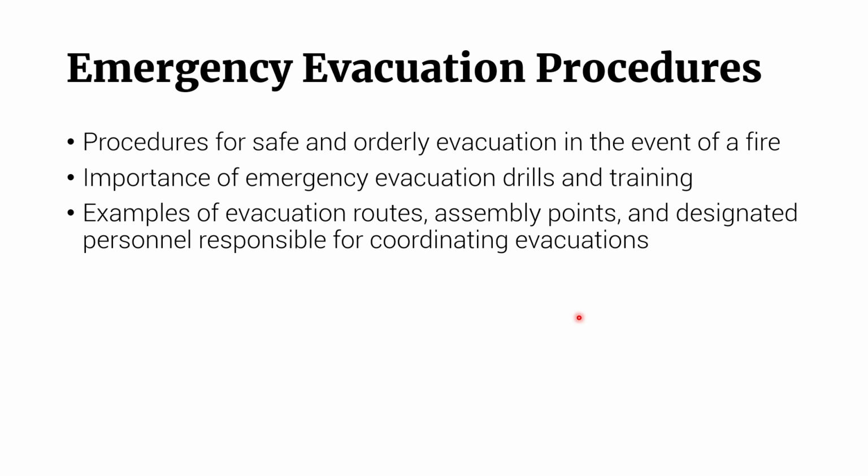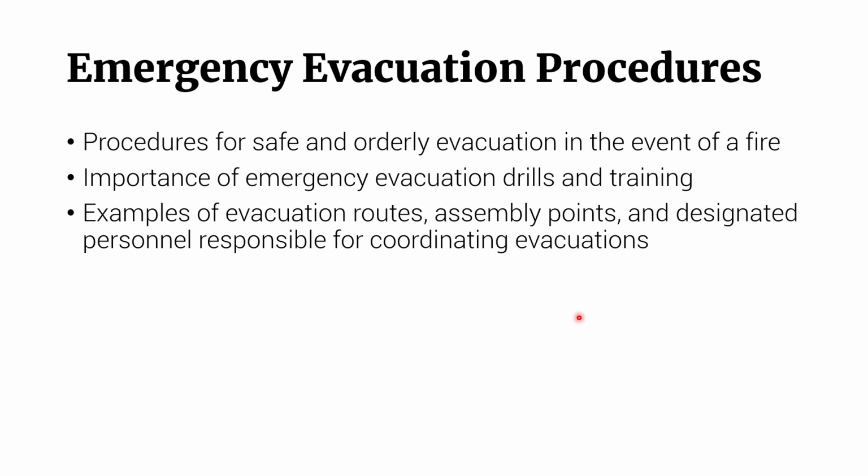Okay? Assembly points are designated outdoor locations where occupants gather after evacuating the building to ensure accountability and facilitate communication with emergency responders. Basically, our assembly points are open areas. We know that, usually those are our assembly points during disasters.